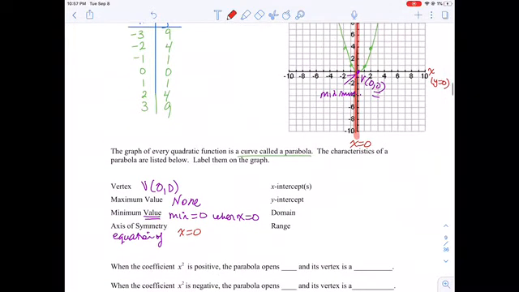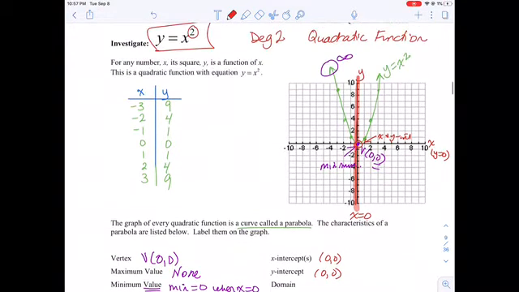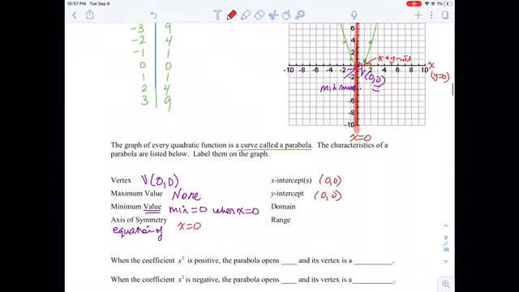My x-intercepts, well, there's just one right here on the x-axis. So there's the x-intercept and the y-intercept, which are 0, 0 and 0, 0. If we look at the domain, thinking about the left and rightness of this graph, it's going to go forever to the left and forever to the right. So our domain is the set of all x's such that x is all real numbers.